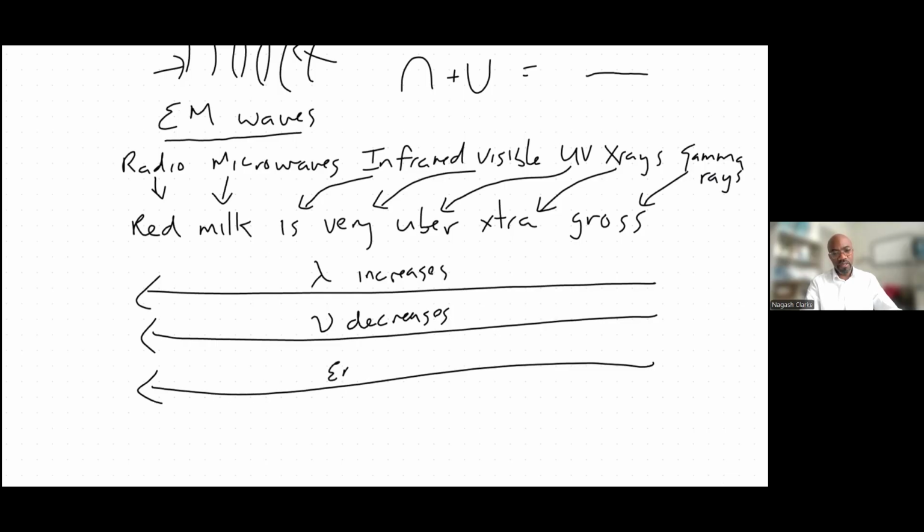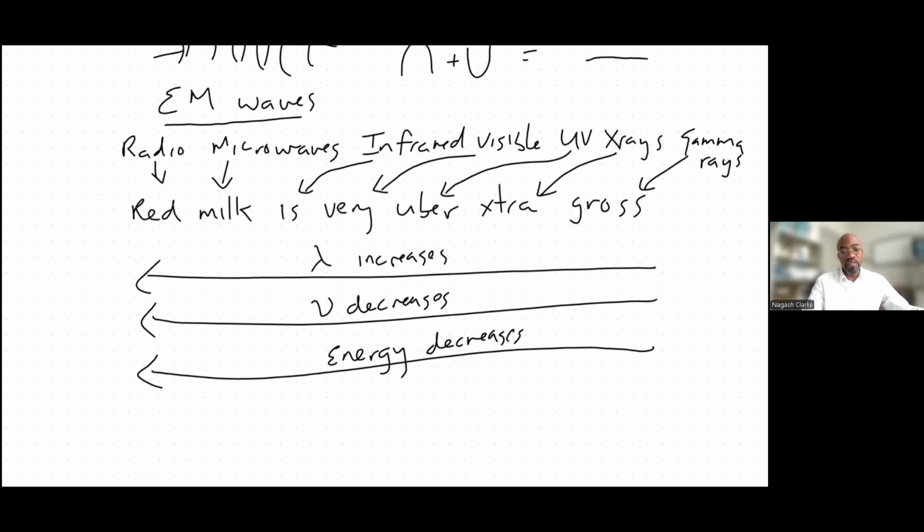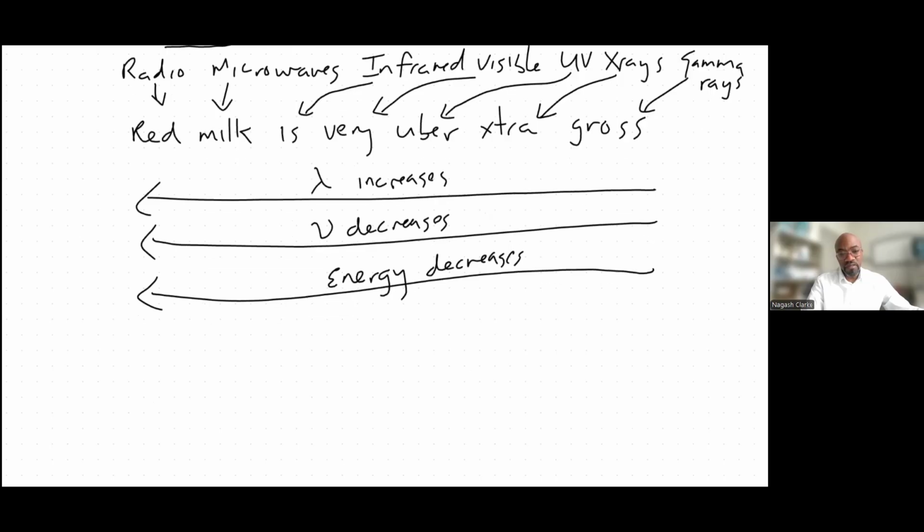The energy of these waves decreases in this direction. So the opposite is also true. Wavelength decreases, frequency increases, and energy also increases. Energy and frequency move in the same direction. Wavelength moves in the opposite direction.